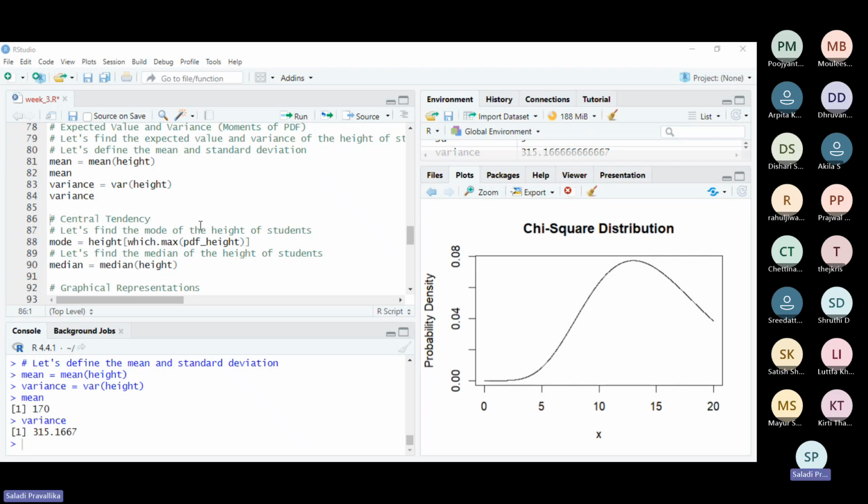For example, with this height, I have height values starting from 140 to 200, right? I'm going to take all the 140 to 200 and I'm getting some mean as 170. So that is one kind, a single value that is representing the entire distribution. Instead, I'm not having the continuous values.